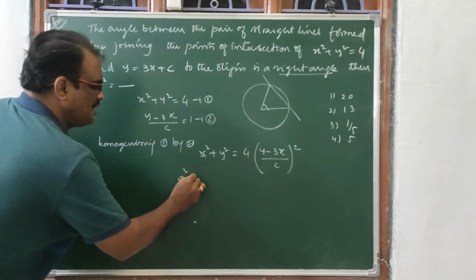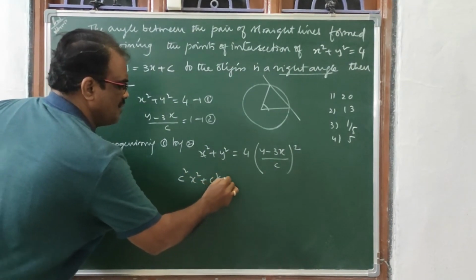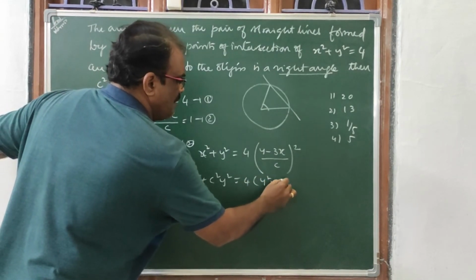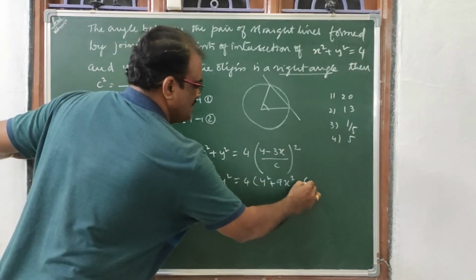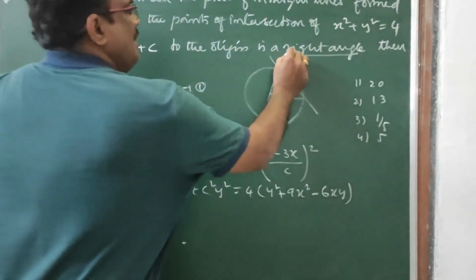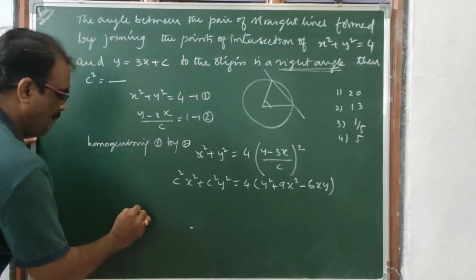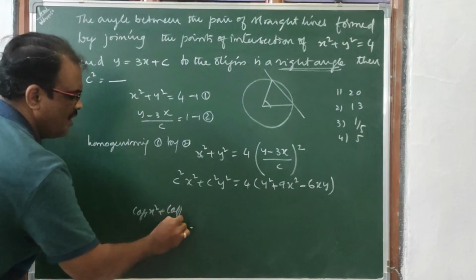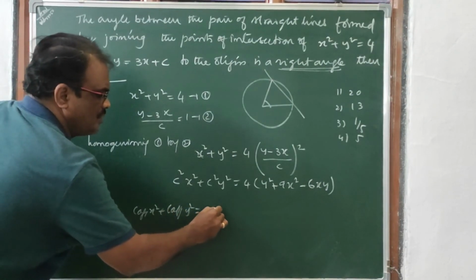Multiply. c square x square plus c square y square is equal to 4 into y square plus 9x square minus 6xy. Here it is a right angle. So a plus b, coefficient of x square plus coefficient of y square, is equal to 0.